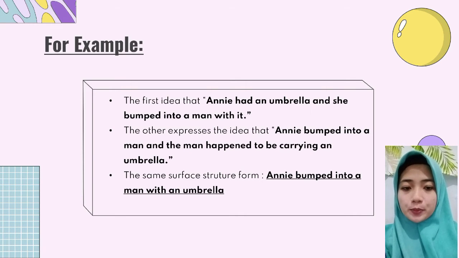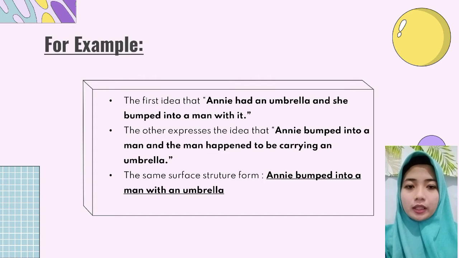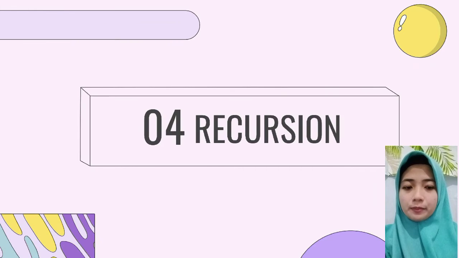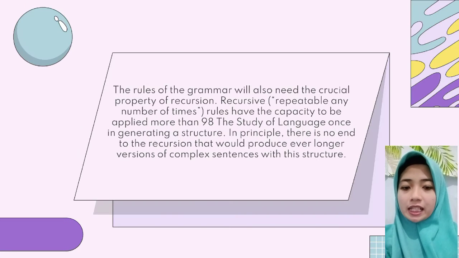And the other expresses the idea that Annie bumped into a man and the man happened to be carrying an umbrella. Now, these two different versions of events can actually be expressed in the same surface structure form, like "Annie bumped into a man with an umbrella."